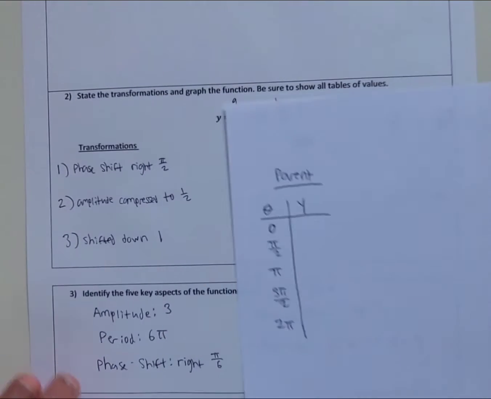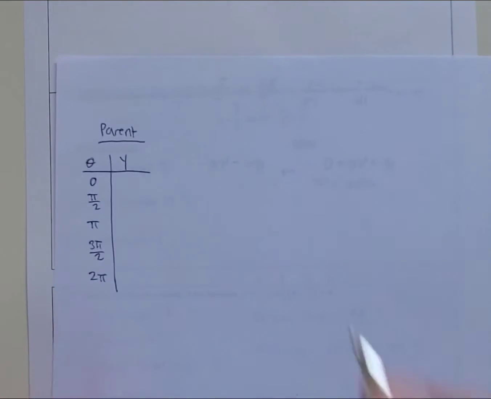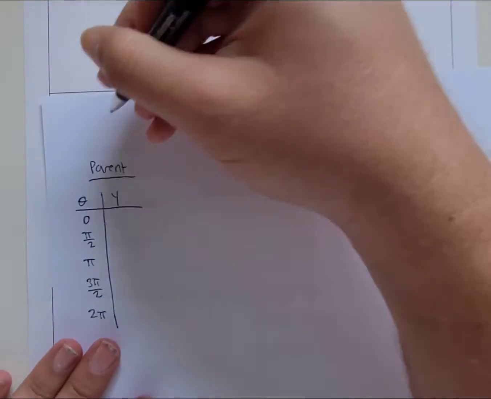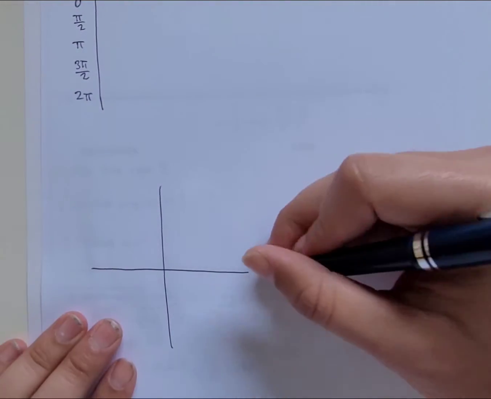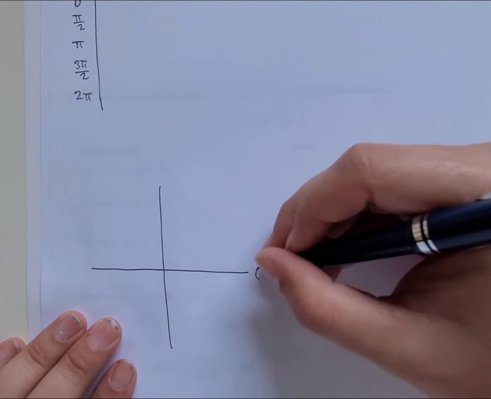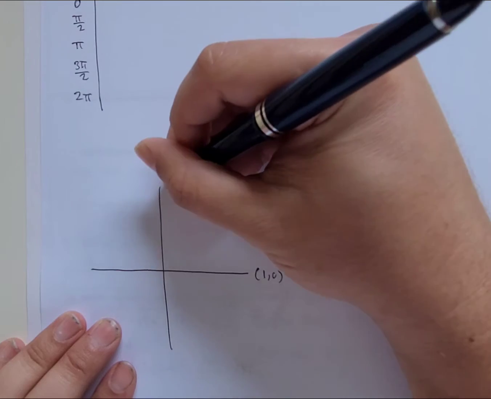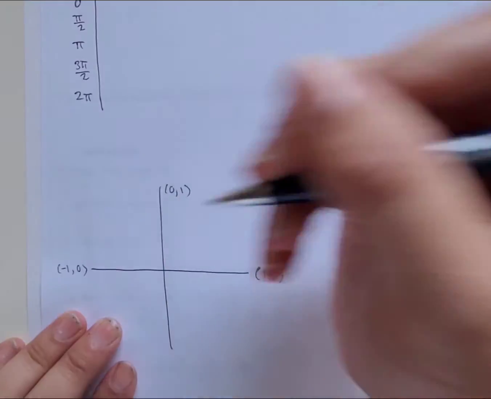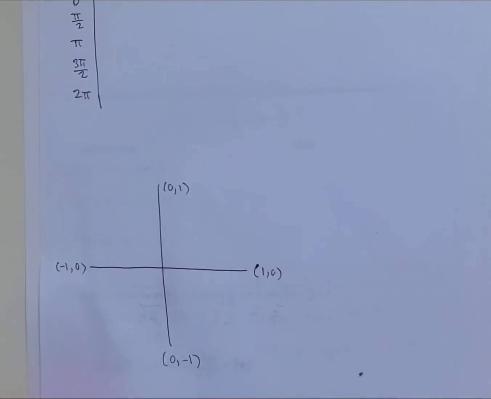And my parent function is cosine of theta. If we think back to our quadrantals, at 0 degrees we have 1, 0, 0, 1, -1, 0, and then 0, -1.